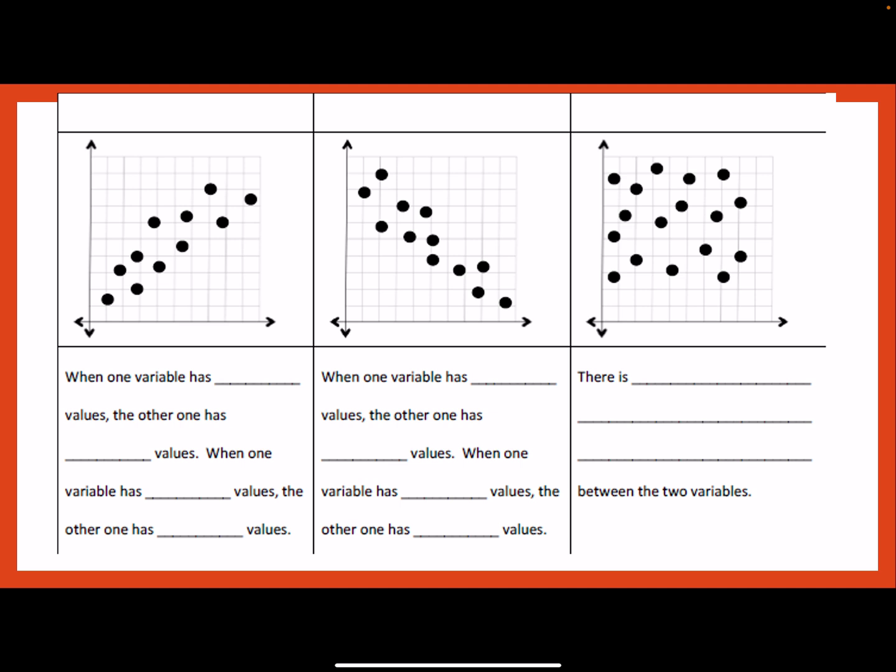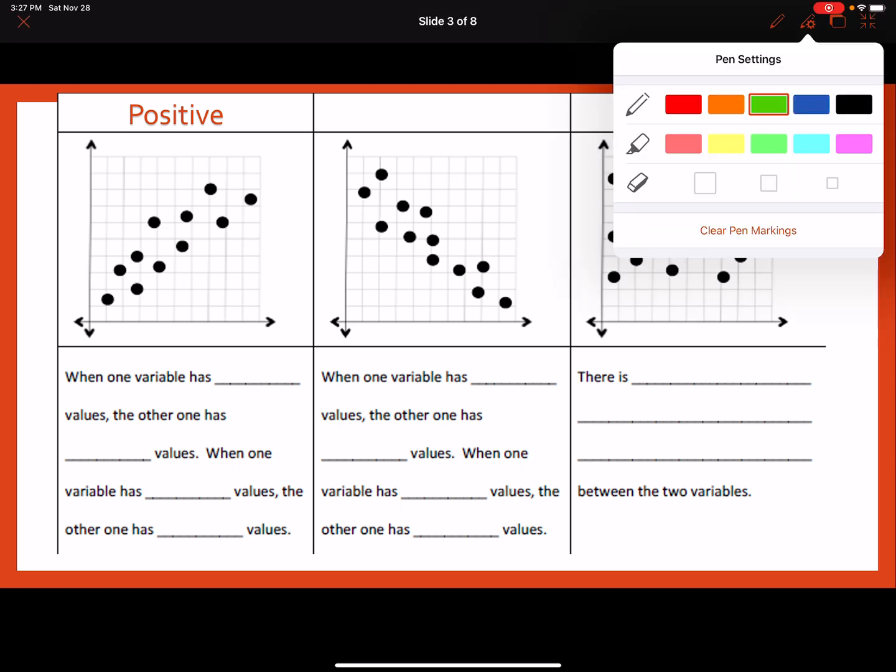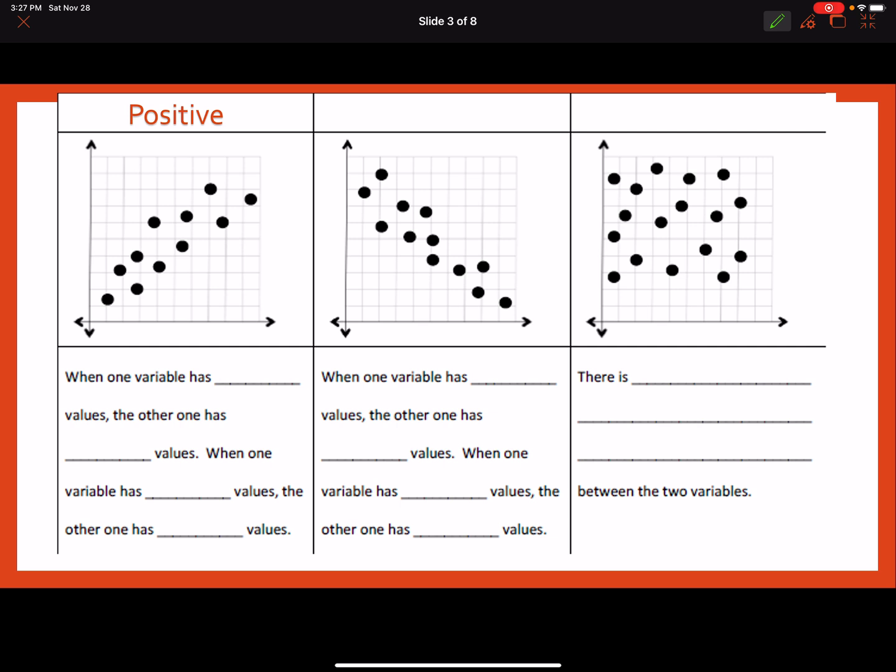Okay, we've got three graphs here we're going to take a look at. Look at the one on your left. This is an example of a positive correlation. If you notice, as you move from left to right on the graph, you can see that it is increasing, okay? So as our x value is increasing, our y value is increasing as well.